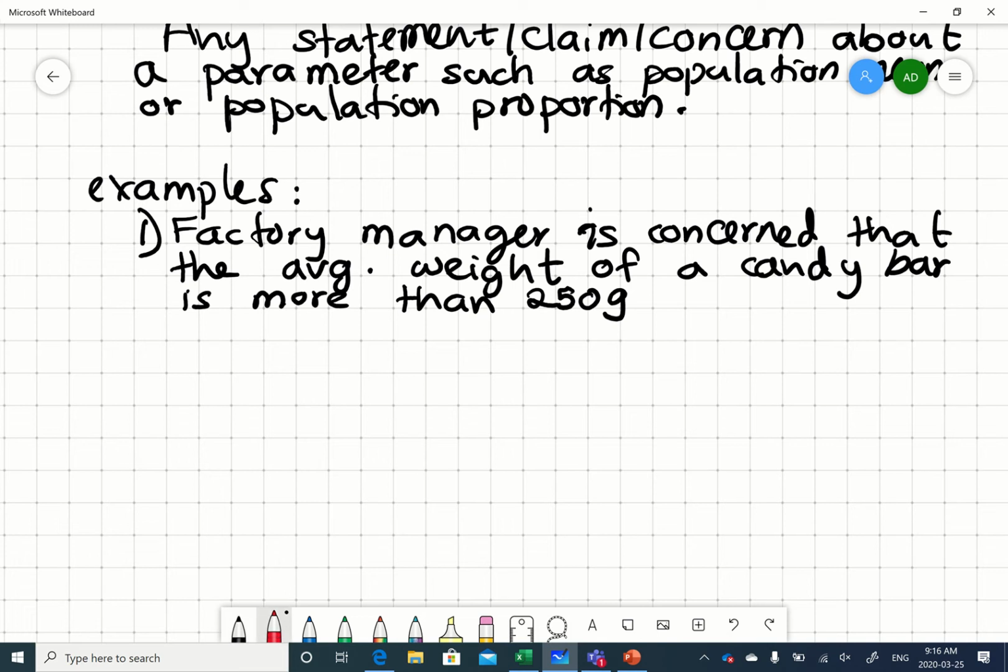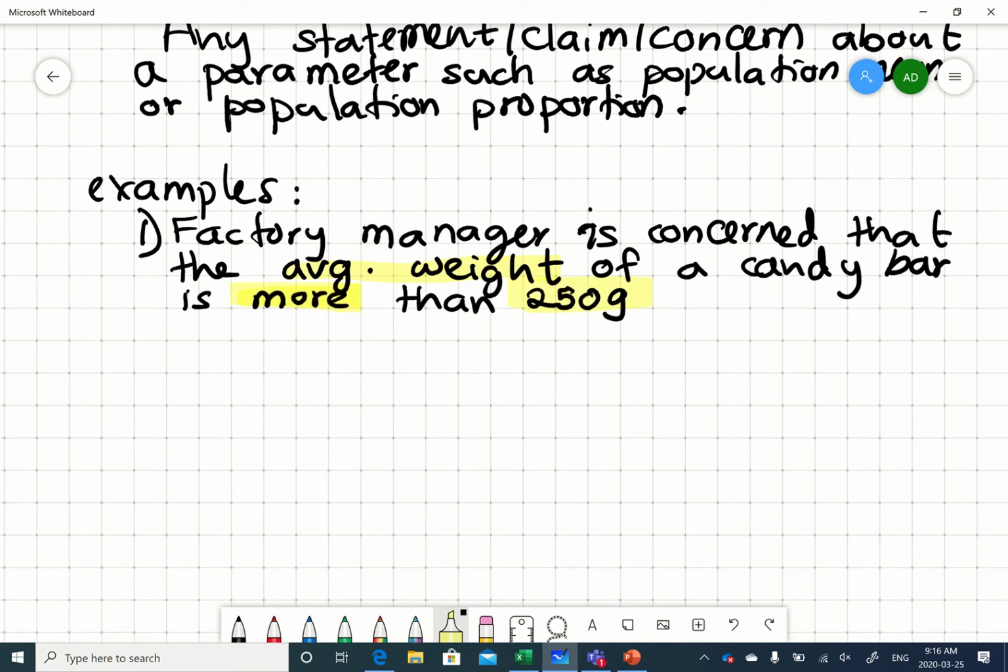When you read it again, the manager is concerned about the average weight, so that's your parameter, the population mean. He's not just talking about a batch of 20 candy bars, he's talking about the entire production. If you think of the entire production over the past years, the average weight is what he's talking about. So the average weight is more than 250.